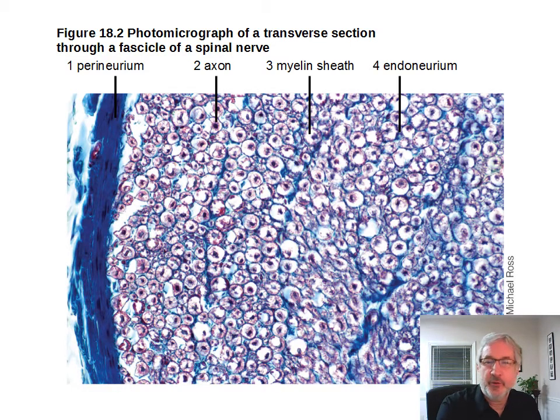So there's endoneurium around here, and around here, and here's a nice one, and that's the axon, and there's an axon, and there's an axon. Here's an axon, and here's the endoneurium around it. And the white area is the fat, the lipid. That shows up white in these light microscope images, and that's the myelin sheath that's around the axon.